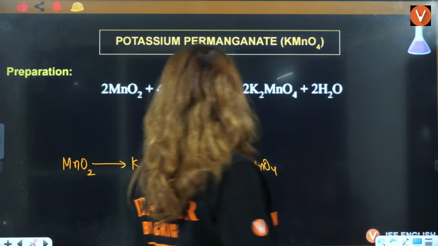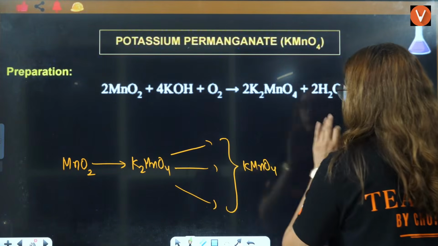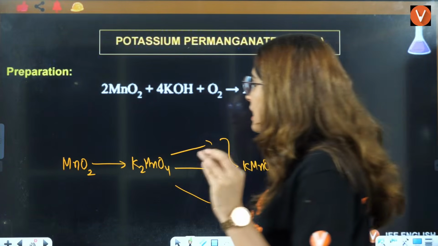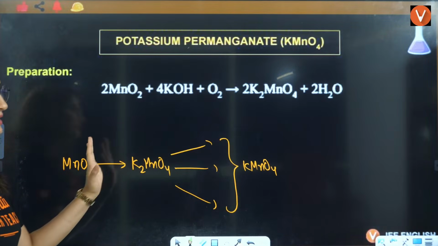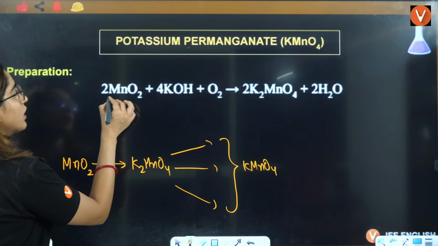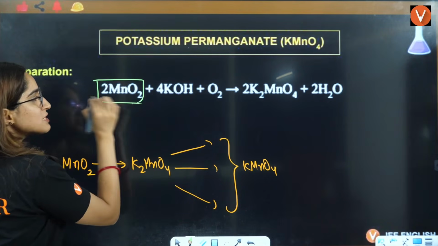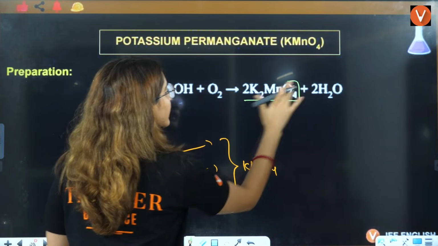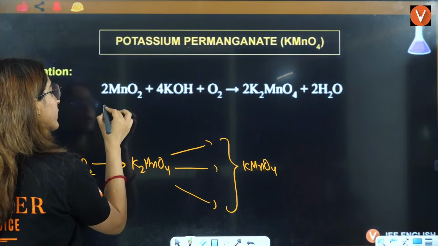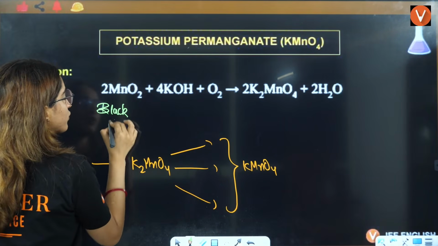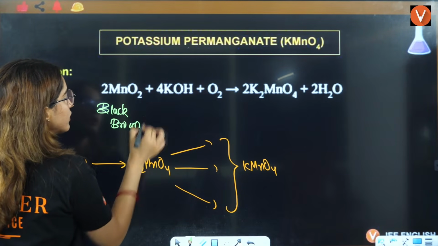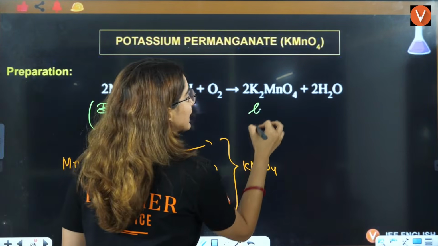So that is the full way that we are going to discuss. The first step is to convert the pyrolusite ore to manganate.